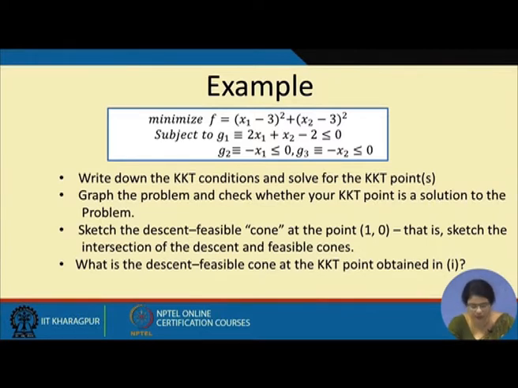I gave this to you in the last class, hope you have tried in between. Let me go through all the answers, like how to formulate the KKT conditions and how to get the KKT points one by one.